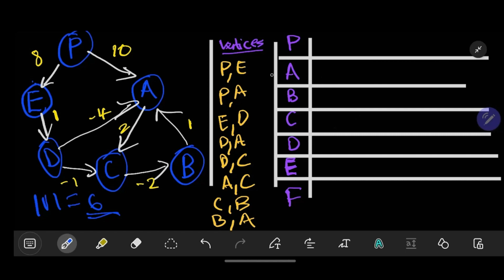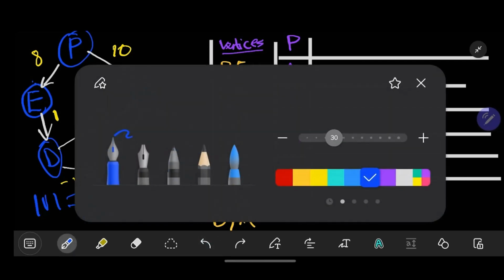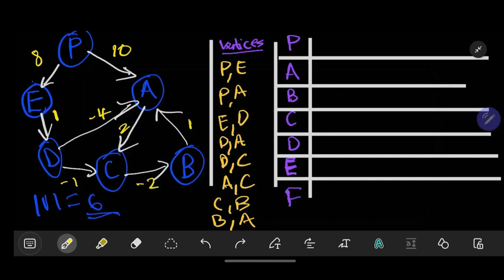You could find a different way or have your own method of doing this, but I noted down all of the nodes here on the left, and then in the table for each iteration, we are going to put in the weighting or the shortest path to that specific node from our start point P.